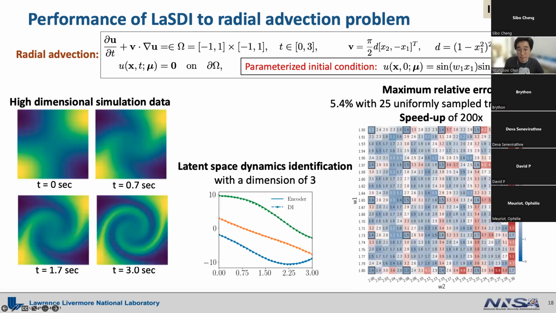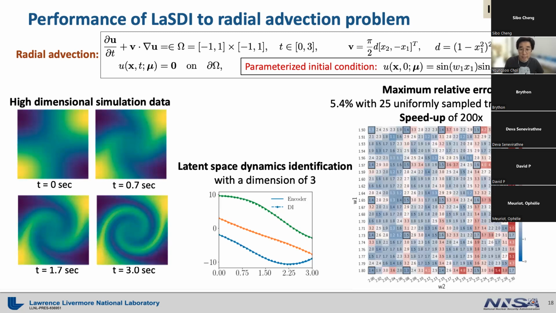This heat map shows the relative error on a given parameter space. The maximum relative error was 5.4%, which occurred along this line. The LaSDI framework was able to give us a speed up of 200 when compared to the full order model simulations. Decent results, right?